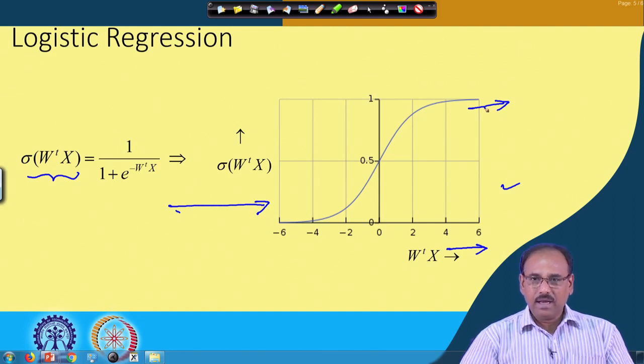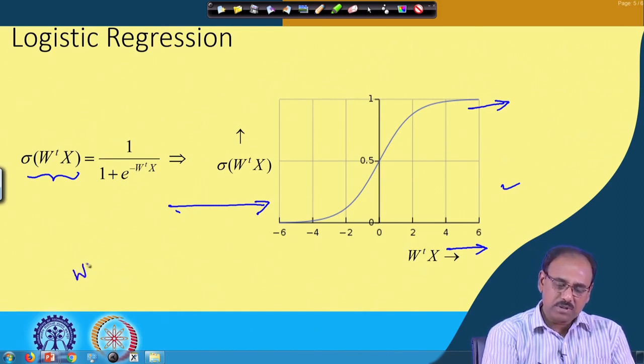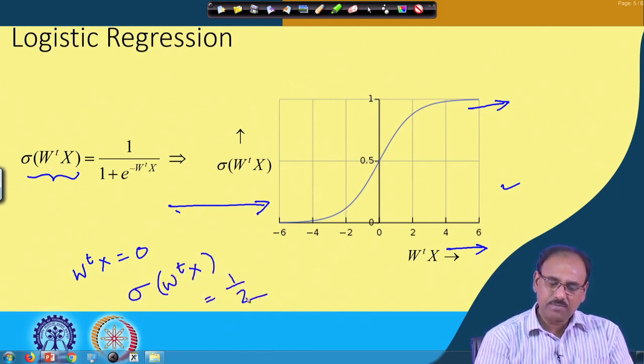On the other hand, if w transpose x is negative, you find over here. If w transpose x is equal to 0, sigma of w transpose x is equal to half.